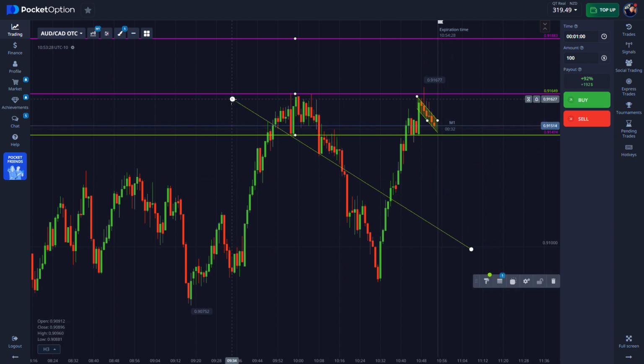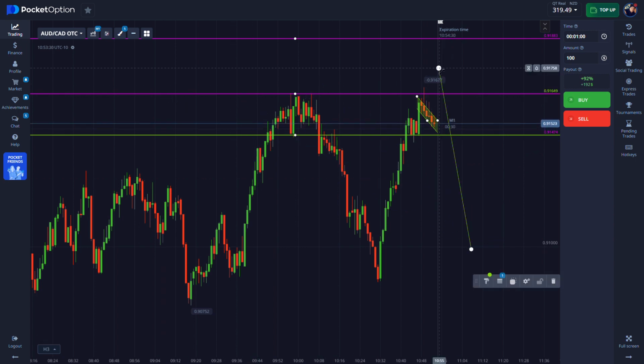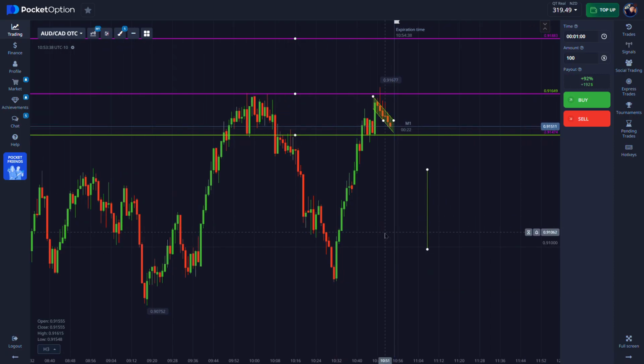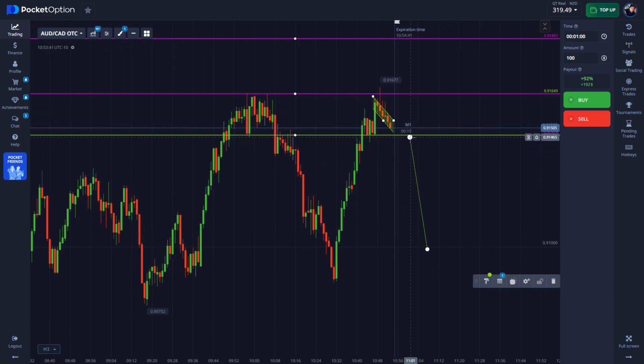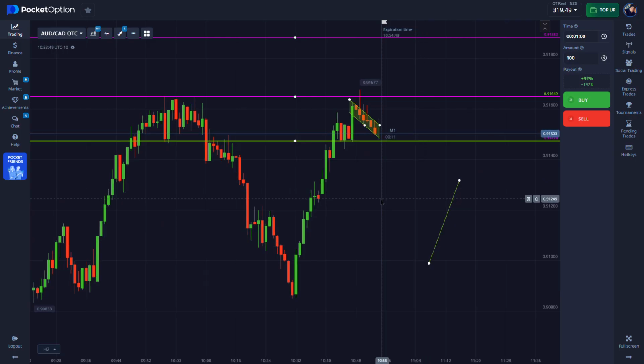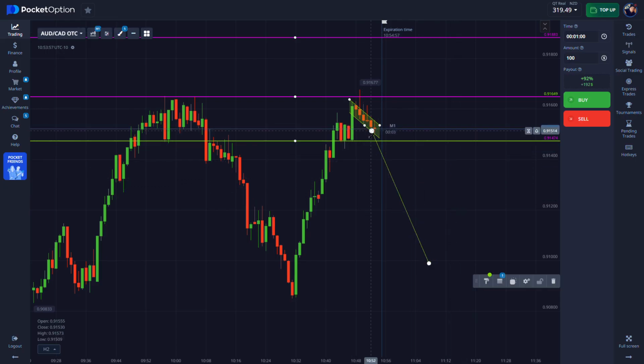A whole bunch of sellers up in this area. Equal highs. Thinking, come down, liquidate this area. Or we might be enticing some buyers.